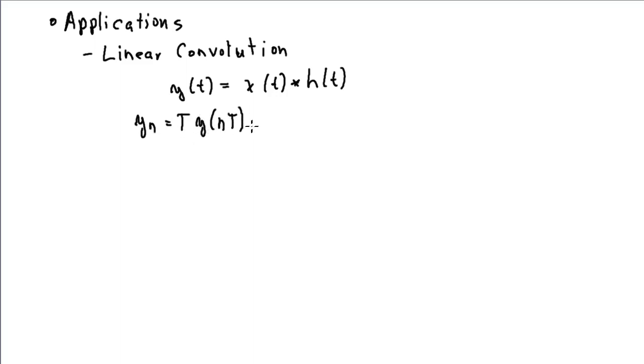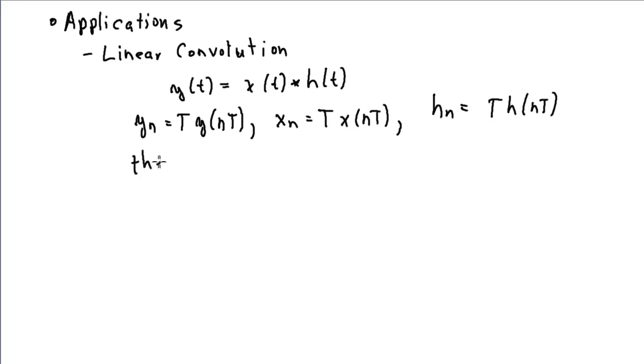And again, sticking with the definition in the book of our corresponding sample sequences, we sample the waveforms and multiply by T. This gives us the proper scaling so that our DFT is samples of our Fourier transform, and similarly h of n is T h of nT.